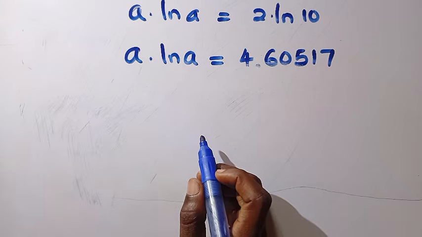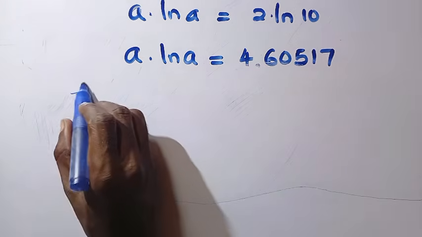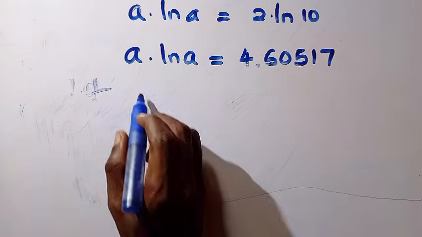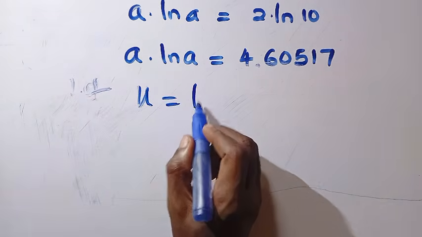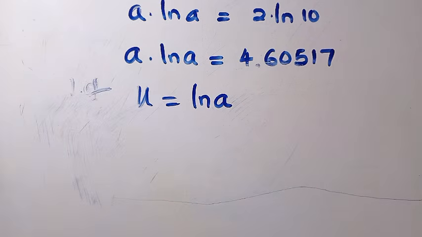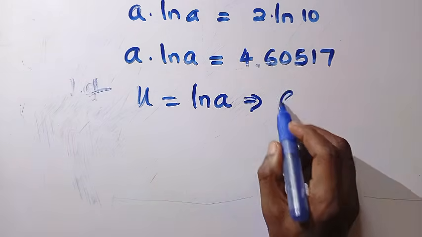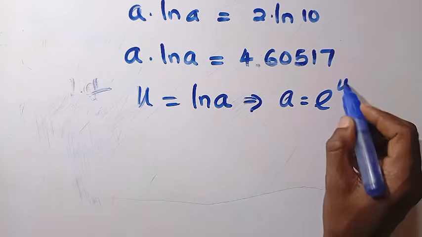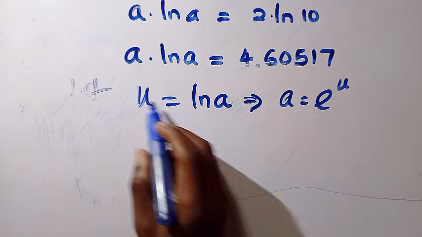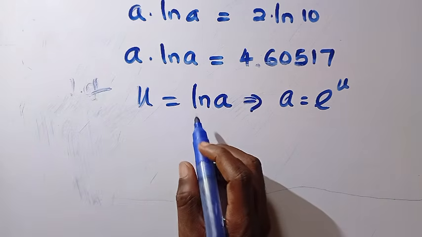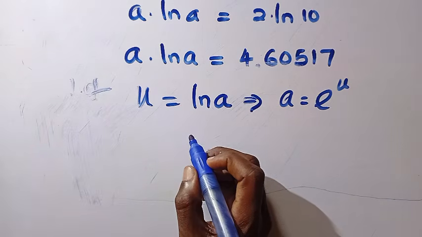And what does it say? Suppose I let u equal ln of A. This implies that A equals exponential u, so we introduce exponential to both sides. Exponent and logarithm always cancel each other.